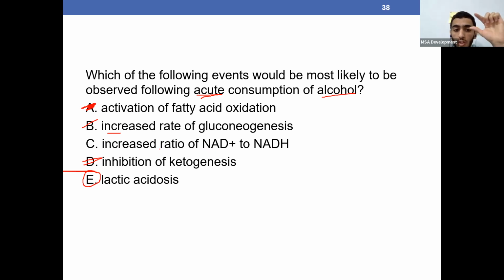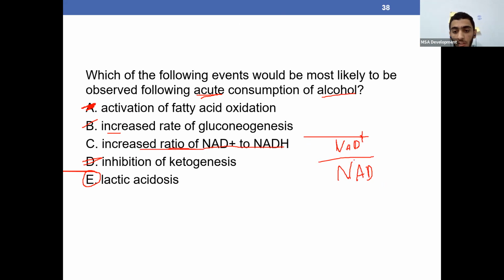When it comes to the ratio of NAD+ and NADH, I'm going to just write it down here real quick because some people get confused with it. Whenever you see this ratio, just put a fraction: NAD+ over NADH.